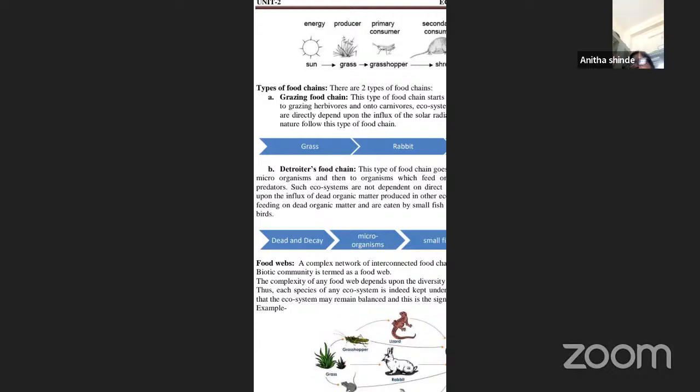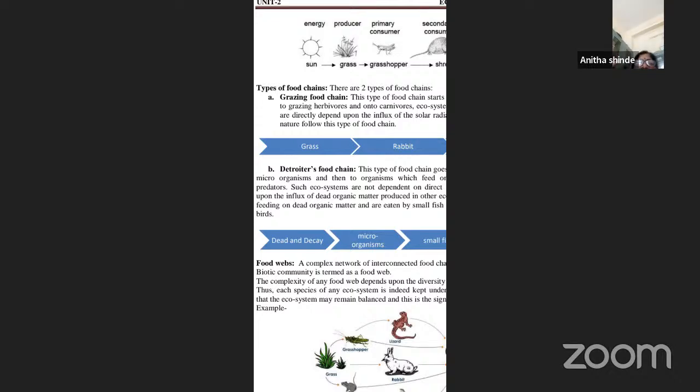When these microorganisms fall in the water body, they will be eaten by the small fish, and this small fish will be taken up by the bigger fish, like that. So the cycle will go on. That is what we call a detritus food chain.